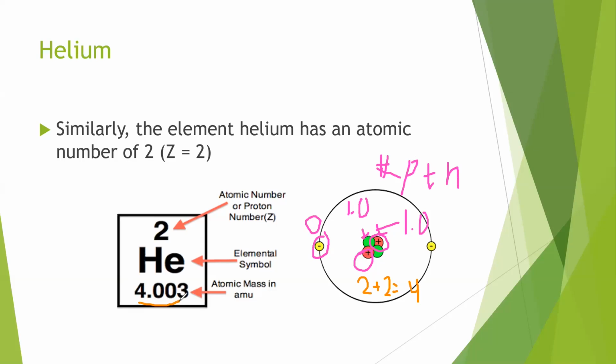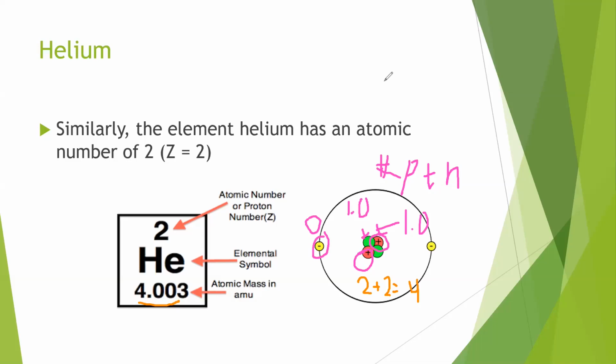I had another question that says, will the electrons and neutrons always be the same? No, the electrons and neutrons do not have to be the same. They just are for these specific elements. There can be different numbers of protons, neutrons, and electrons in any atom. We'll get to that later.